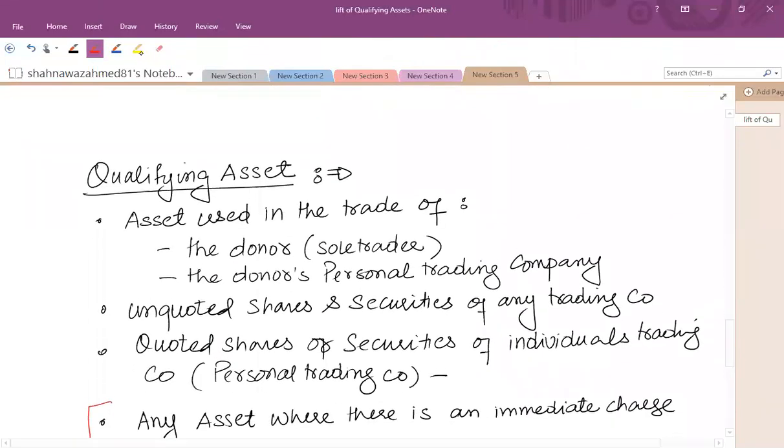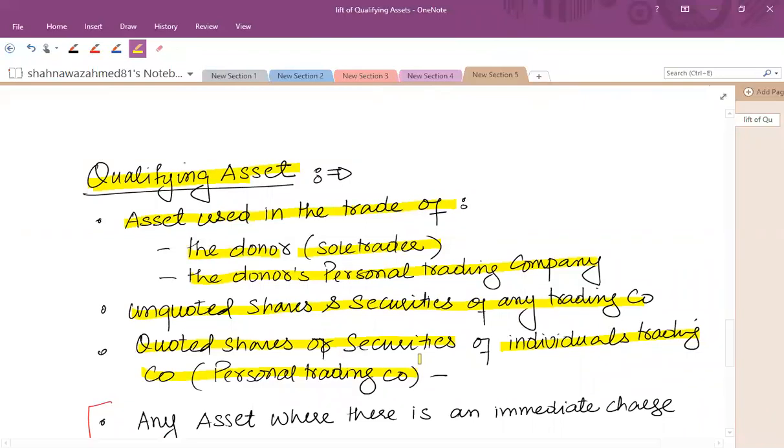Following are the qualifying assets. Assets used in the trade of the donor, being a sole trader, if that asset is used by the sole trader, or the asset is used by the donor's personal trading company. Similarly, unquoted shares being gifted of any trading company, quoted shares and securities of an individual's personal trading company, in which the individual has 5% of the voting rights.